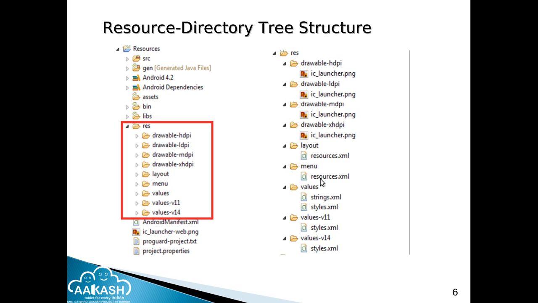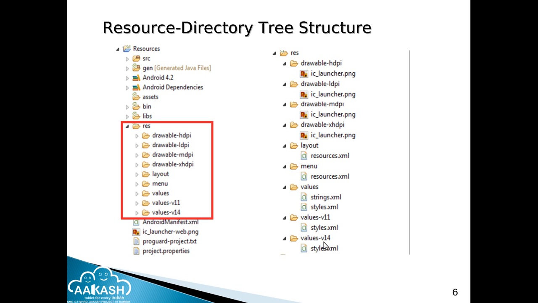Now values are also categorized as values for default, values-v11 for storing the style running on Android 3.0 or higher. Now values-v14 is used to store style for Android below 3.0 version.